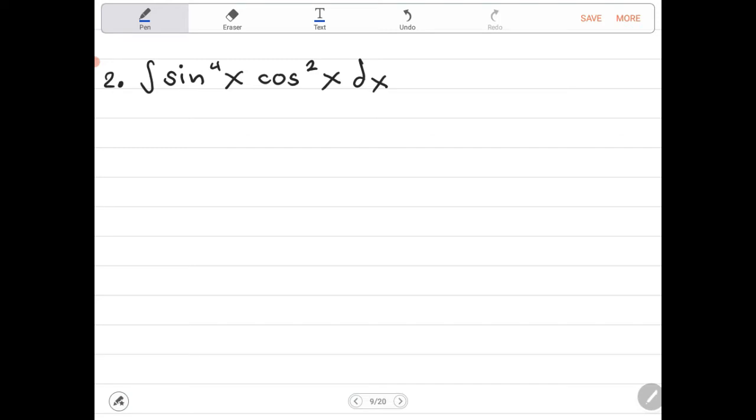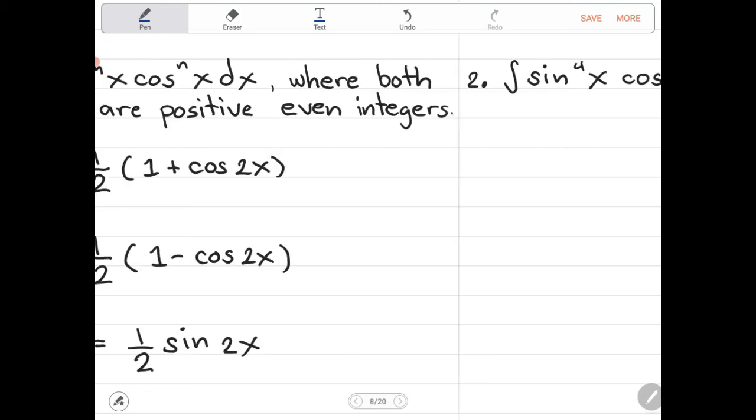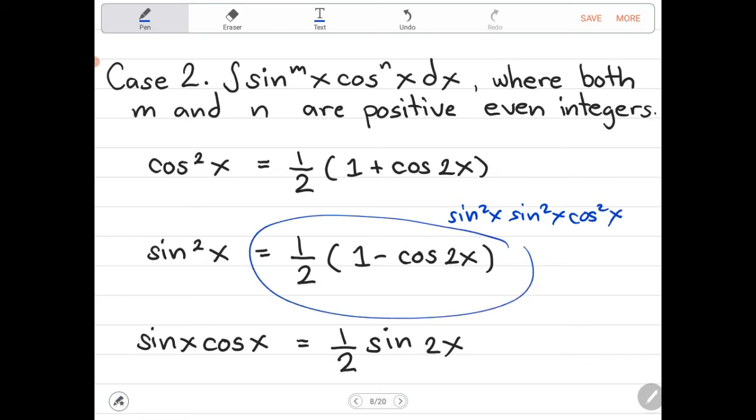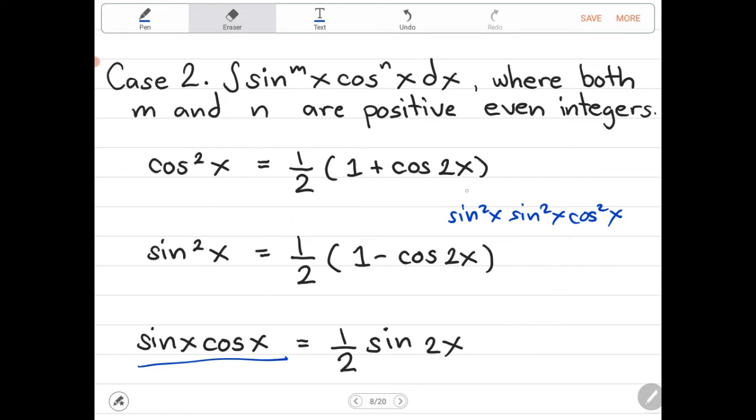But we cannot make it as sine squared x, cosine squared x using the substitution of sine squared x. This is what I'm trying to say. We cannot use this substitution itself because our equation will become more complicated. So we can use this. Let me show you how we are going to use this substitution.